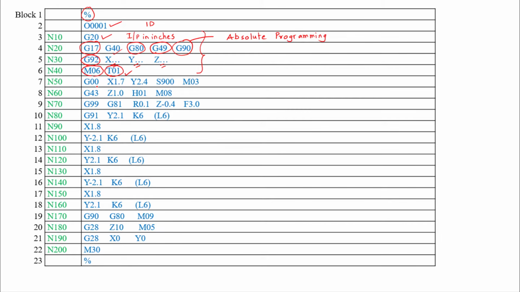Then the preparatory command with respect to the rapid movement, that is G00. So rapid movement G00 means there is a linear interpolation with the maximum possible feed rate that the machine tool can have. However, for our machining operation, we do not require that maximum feed rate value.